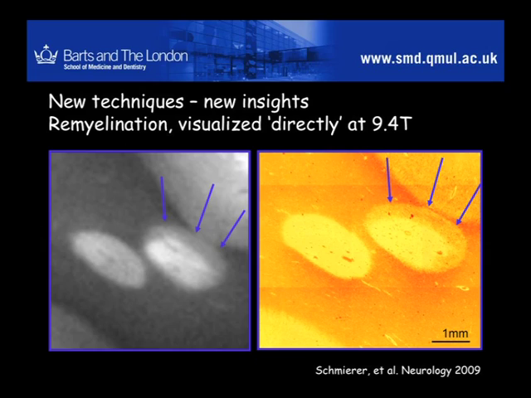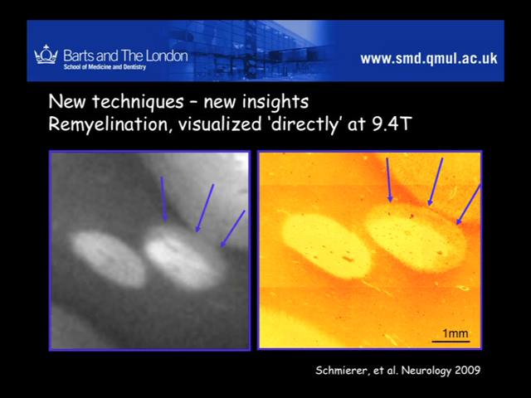But what you can actually see here is kind of live, although this is a postmortem section, you can directly visualize a repair process here, this little rim of remyelination that you can see over here in the scan as well.